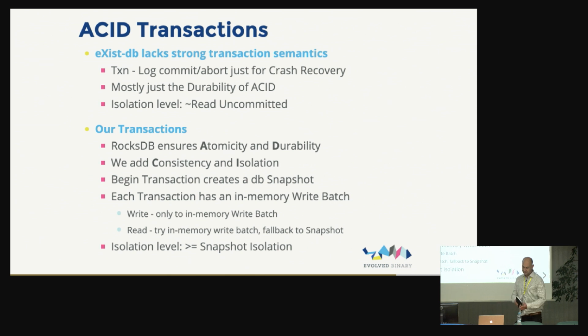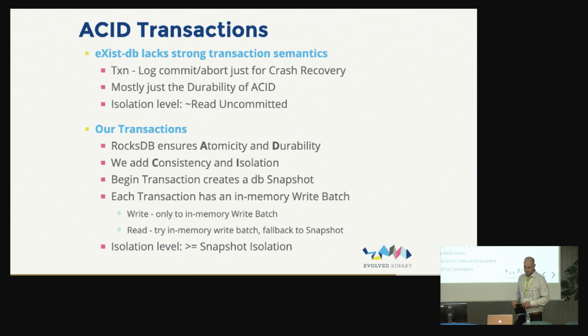So what we ended up with is, due to a lot of the features that are built into RocksDB, we have what we call snapshot isolation, which sits just below serializable. So it's almost as strong as serializable. And we're looking at adding serializable later.